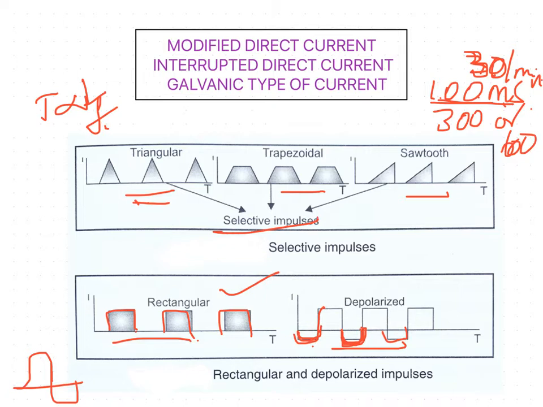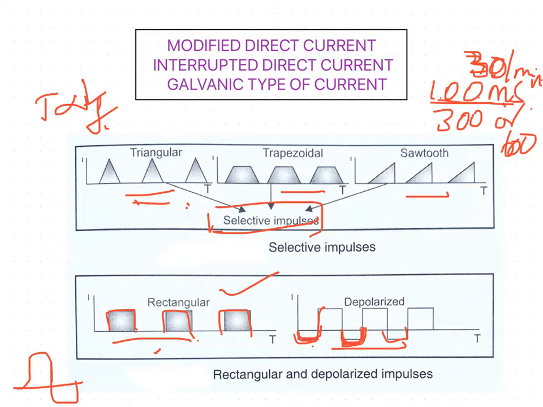In the selective impulses, the slow rise in intensity of the current has the advantage that a contraction of denervated muscle is often obtained with less sensory stimulation than when rectangular impulses are used, and that denervated muscle often responds to a lower intensity of current than is required to stimulate the motor nerves. So unwanted contraction of normally innervated muscles in this region is avoided by using these selective impulses.